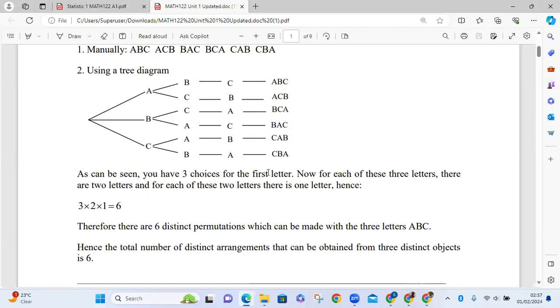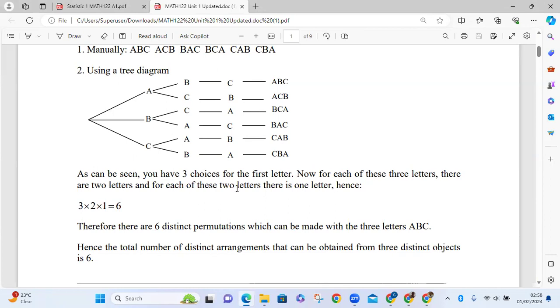Now, after you have selected any one of the letters, it could be A, B, C, let's say it's A, when you come back again, you will have 2 letters. So for each of those 3 letters, you have 2 letters remaining when you come back.